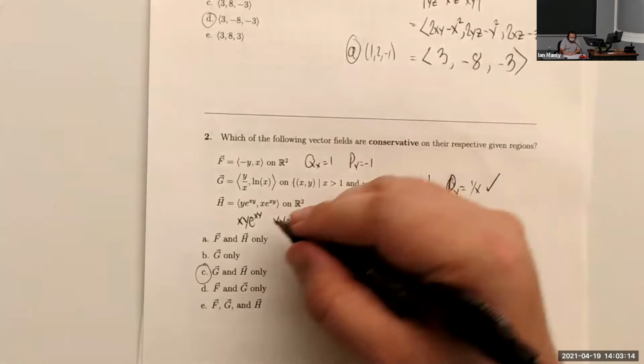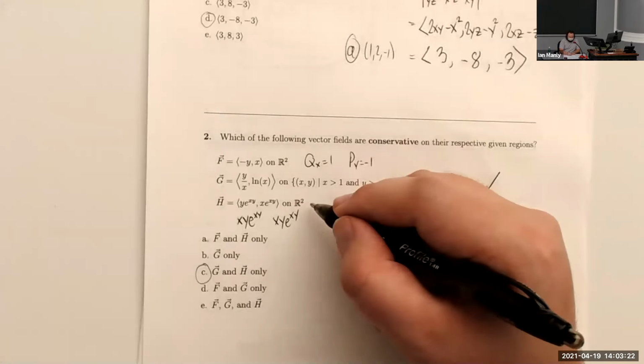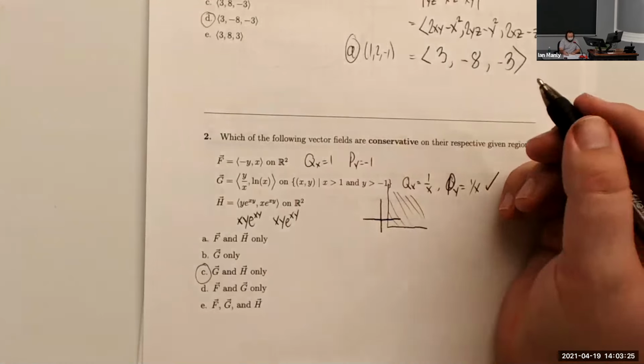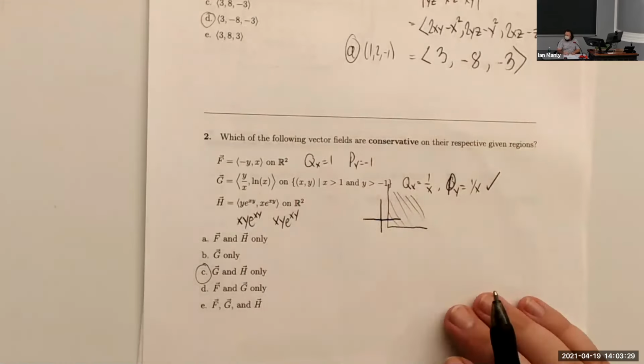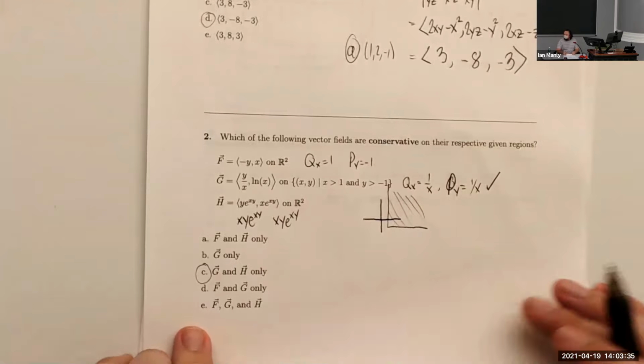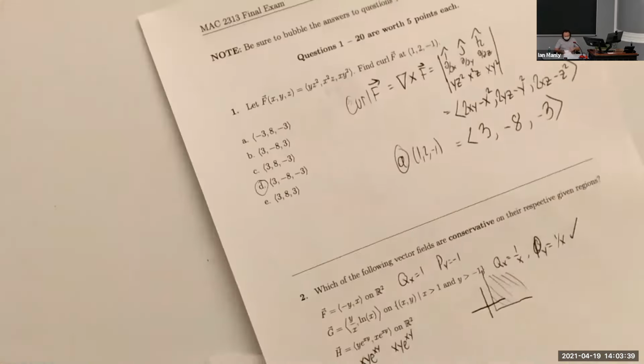So these are the same. And on the whole of R2, this is going to be conservative because this is another simply connected domain. So it turns out that G and H are going to be our conservative vector fields here. Remember, it's really nice when something's a conservative vector field.